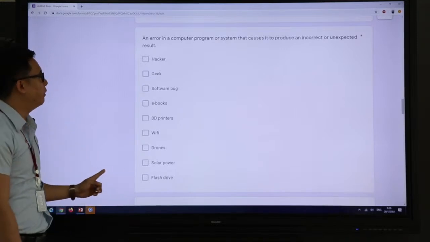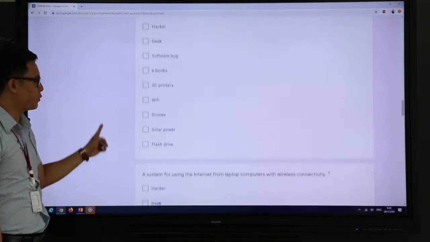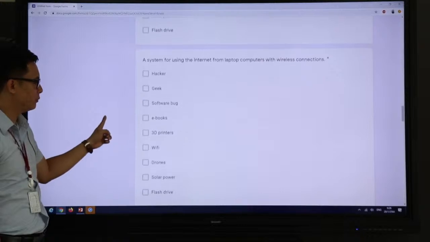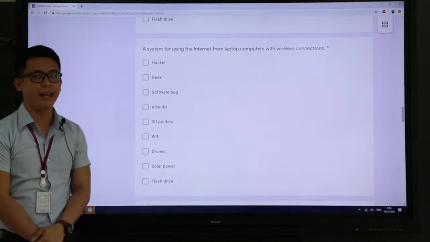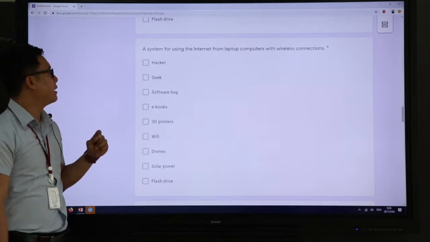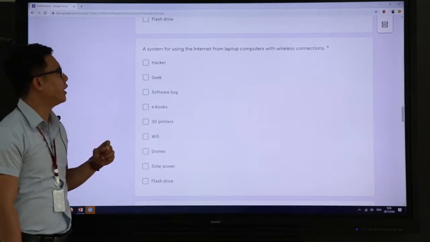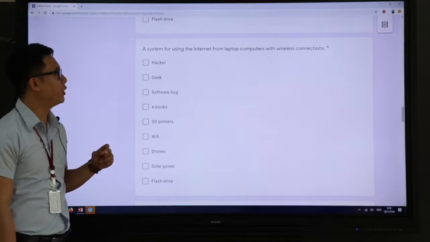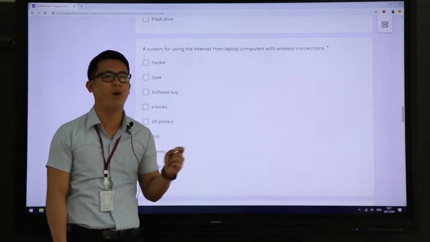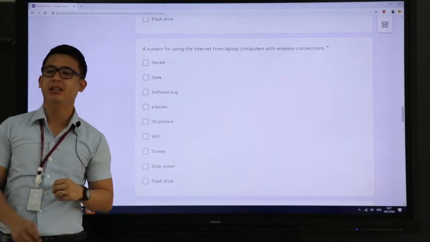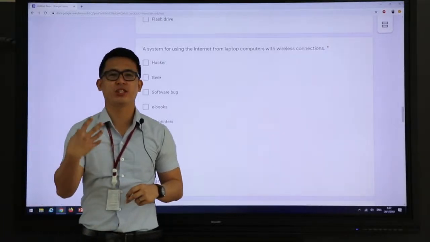Okay. Now, let's move on to the next one. A system for using the internet from laptop computers with wireless connection. Your clue here is the word wireless.